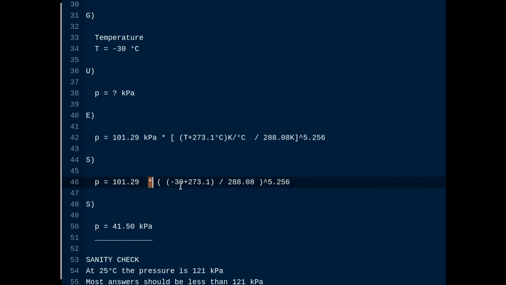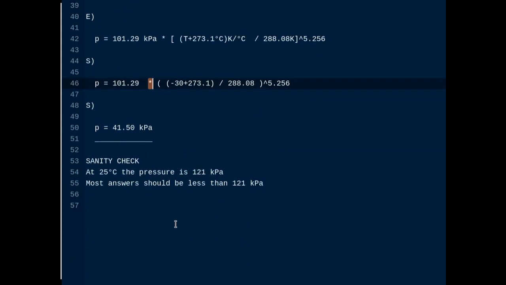Don't use parentheses to multiply because you will get confused. So we're going to find the sum of these first, and we're going to divide that number by 288.08, and then we're going to take that number, raise it to the 5.256 power, and then multiply that times our standard pressure. And when we do that, we get 41.5 kPa.